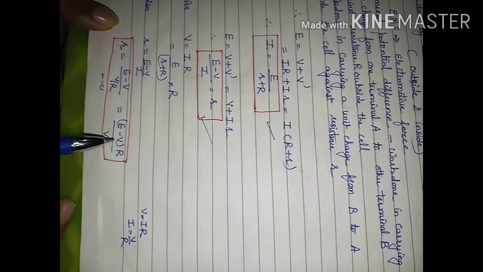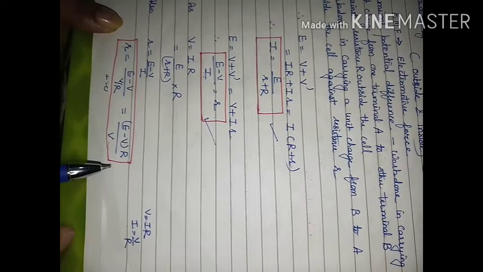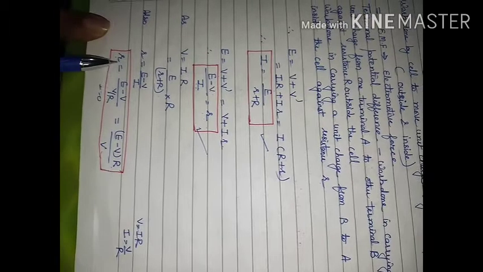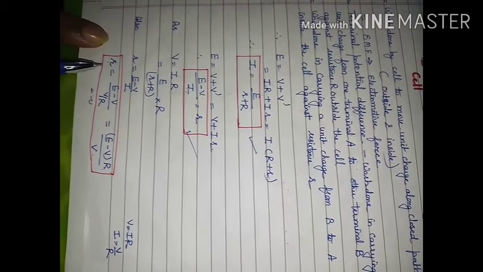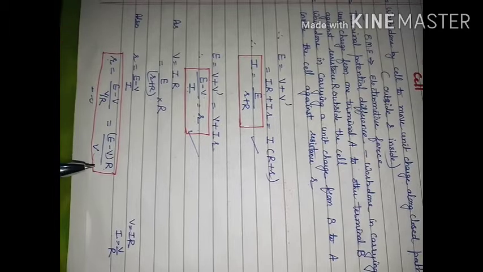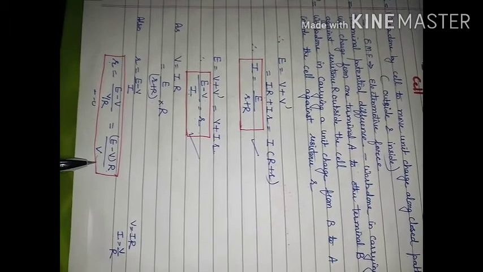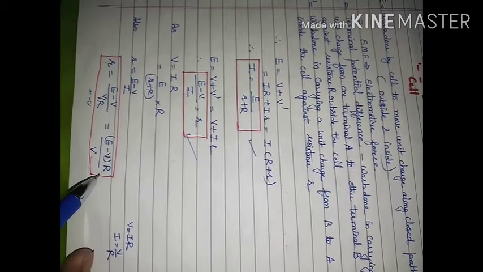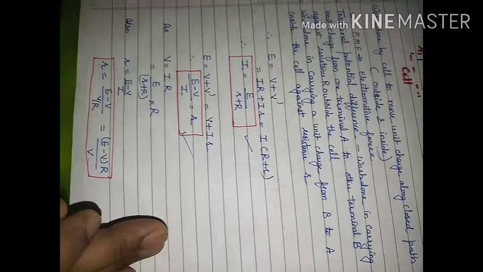EMF is given, terminal potential difference is given, external resistance is given, then how to find internal resistance? Internal resistance will be equal to small r equal to E minus V within bracket multiplied by R upon V. So which formula you are using will depend on which quantities are given to you.